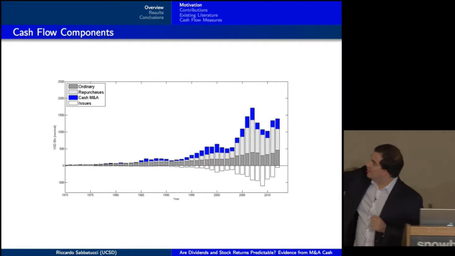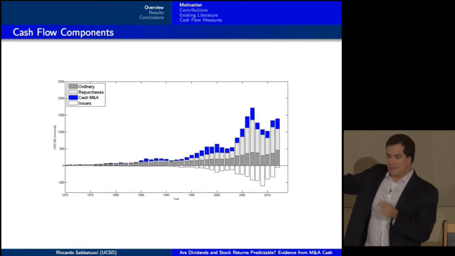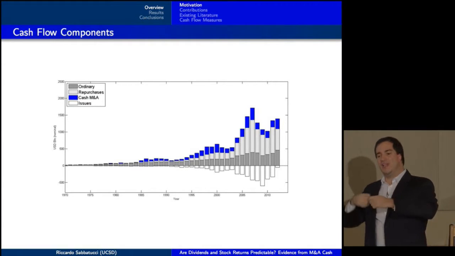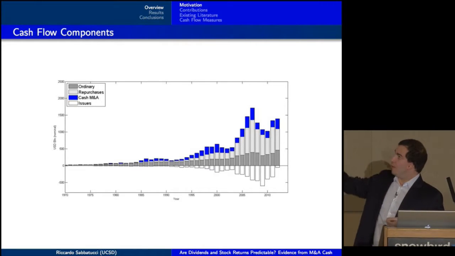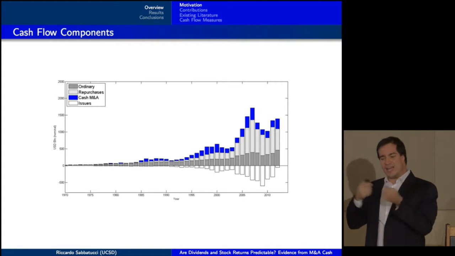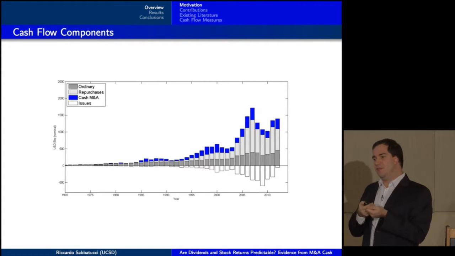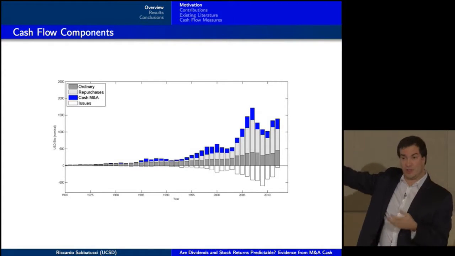As you can see, these dividends are not only big. For example, in 1998, the cash M&A dividends component is the largest among all aggregate economy components, but they're also extremely volatile. Over the last 30 years, the size of these dividends coming from M&A activity is approximately 60% of the size of the ordinary dividends, so they're huge.